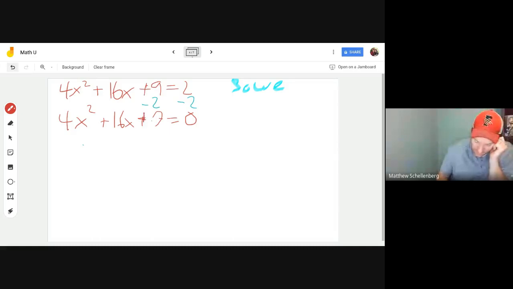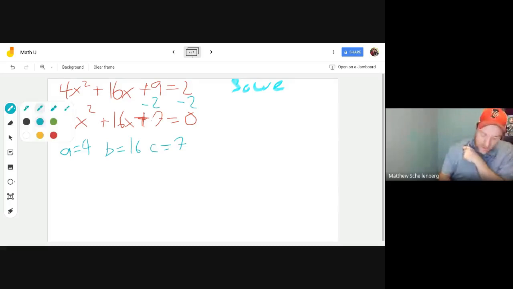Anyway, once you have that, now we know our A, B, and C. So our A equals 4. Right? That's the first value. Our B equals 16. And our C equals 7. Somehow I avoided negative numbers. I will consider myself lucky and hope everything works out well.